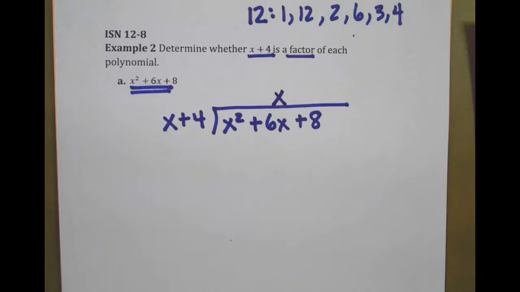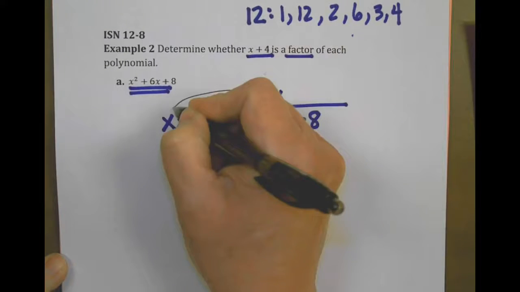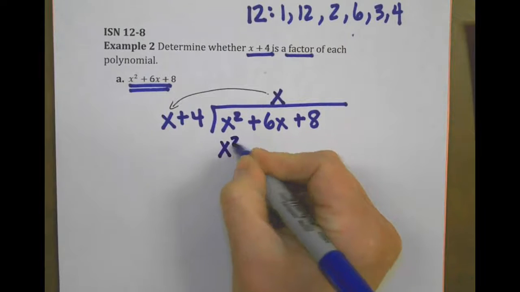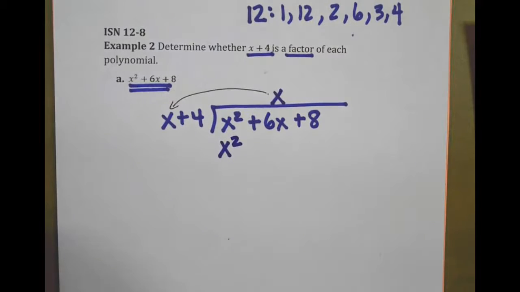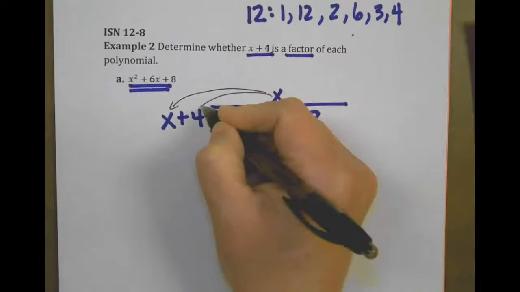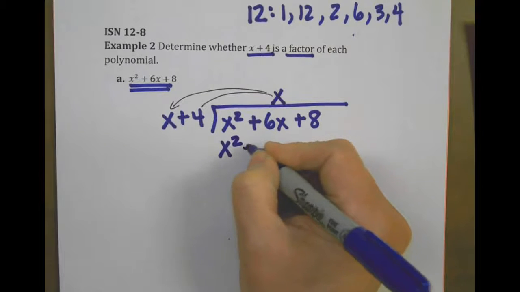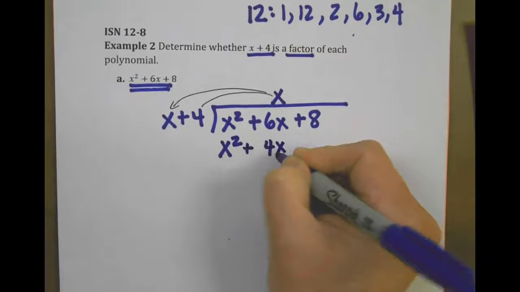So next, I multiply this x times that x, and I get x squared. And I multiply this x times 4, and I get positive 4x.